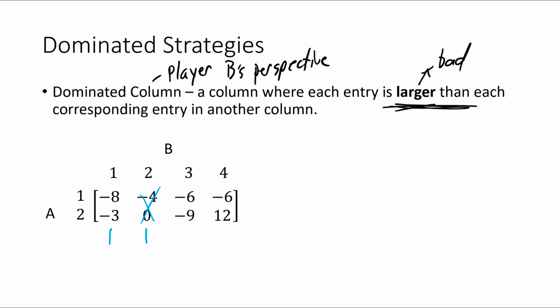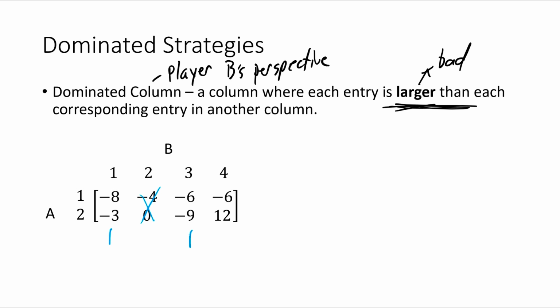Or winning $8 is better than winning $4, winning $3 is better than winning $0. Now we've compared columns 1 and 2. Now let's compare columns 1 and 3. Winning $8 is better than winning $6, but winning $3 is not better than winning $9. So neither column 1 nor column 3 dominate one another.